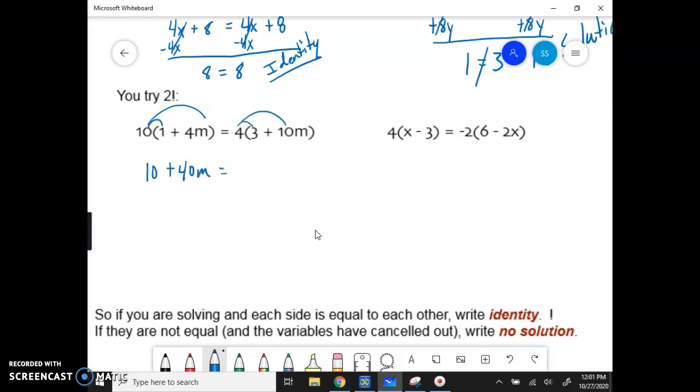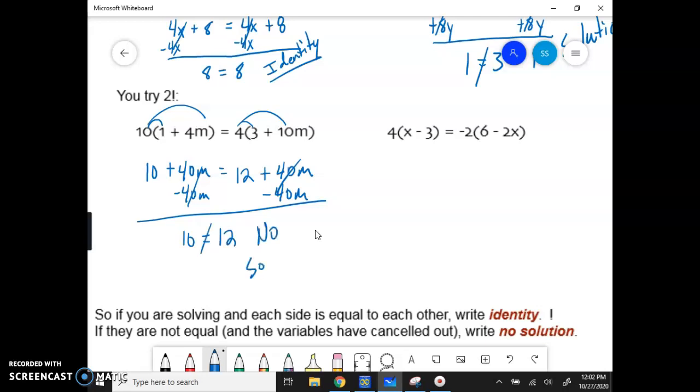Distribute on the other side as well. 4 times 3 is 12, 4 times 10m is 40m. Try to eliminate a variable. I'm going to subtract 40m, subtract 40m. You can probably see already what's going to happen here. Those are both going to eliminate, and I'm left with 10 is equal to 12. That is not true. This is no solution.